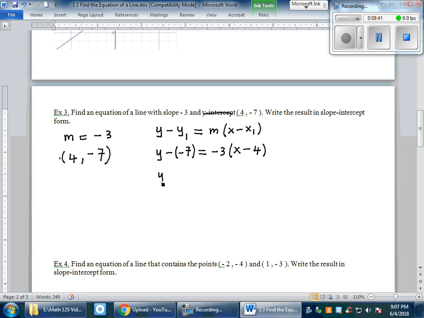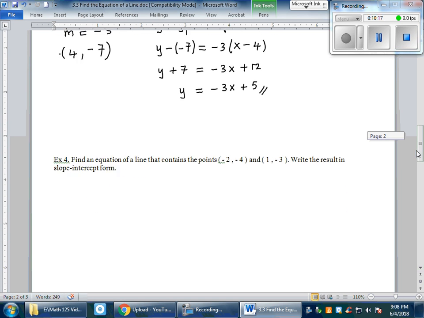Simplifying on the left-hand side, that becomes y plus 7 equal to, distributing on the right-hand side, negative 3x. Negative 3 times negative 4 will be plus 12. And finally, subtracting 7 from both sides, that will give me y equal to negative 3x plus 5. And this will be my slope-intercept form and final answer for this example.